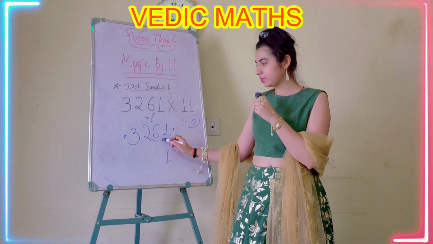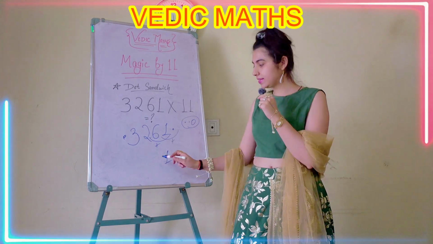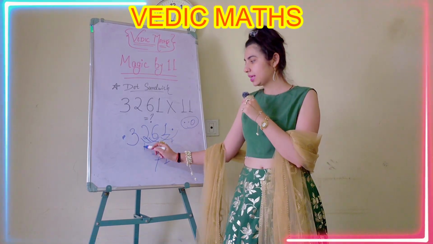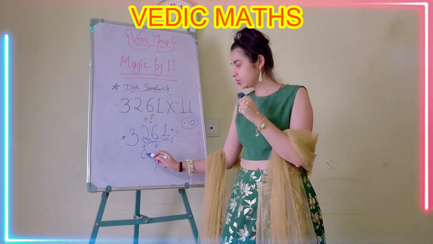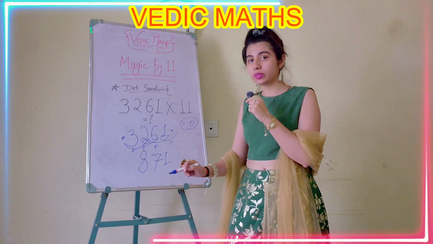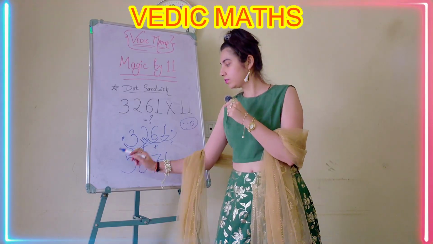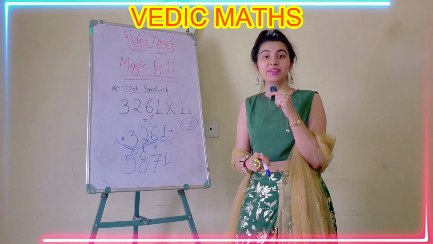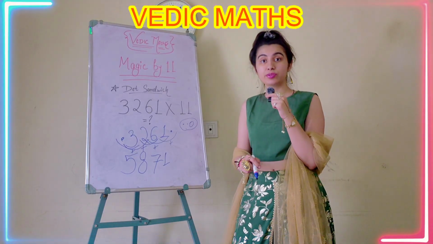Now 6 plus 1, that is 7. Now 2 plus 6, that is 8. 3 plus 2, that is 5. And now again dot plus 3, dot is 0, so 0 plus 3 is 3.